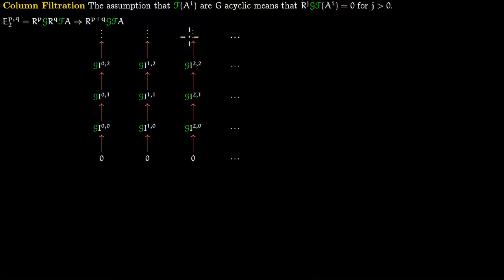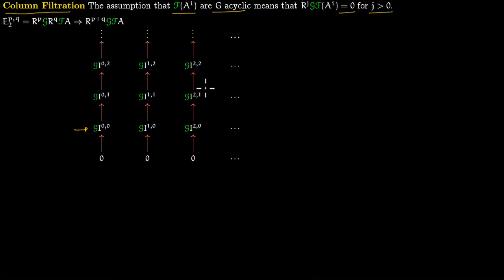So we have just taken the vertical filtration or the column filtration, and you assume that FAI are G acyclic. So that means if you take the right derived functors of this, everything is going to be 0 for greater than 0. So the only thing which survives is on the 0th row. So on this row something will survive, everything else will be 0.